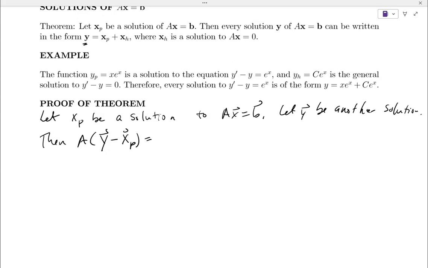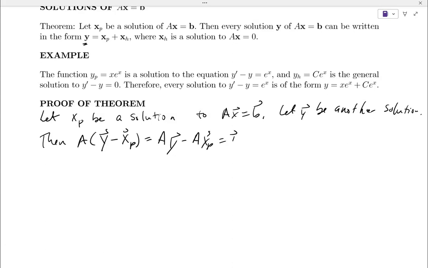What if I take A and multiply it by y minus x sub p? What do I get? x sub p is a solution to Ax equals b. y is also a solution to Ax equals b. What do we end up with if I take A times that? A 0, right? Because I can distribute the A through.